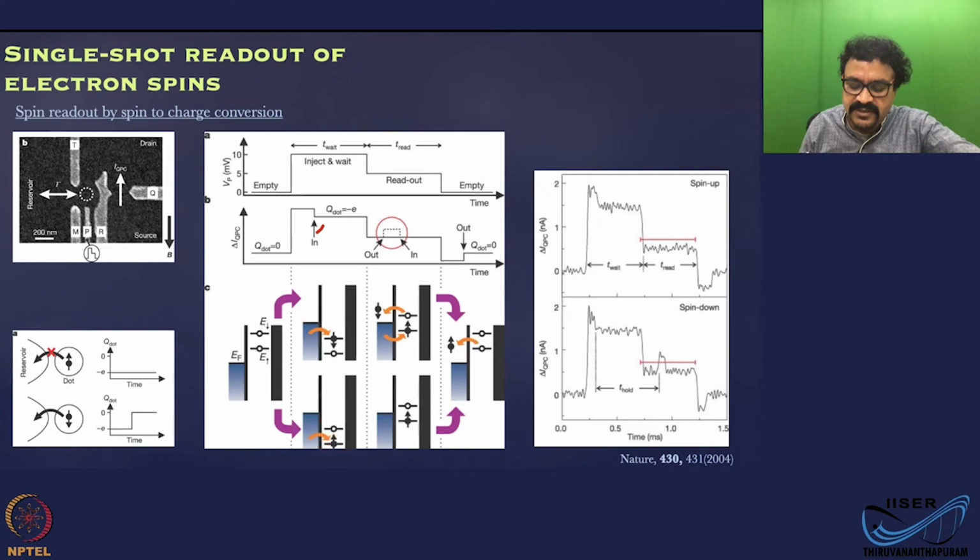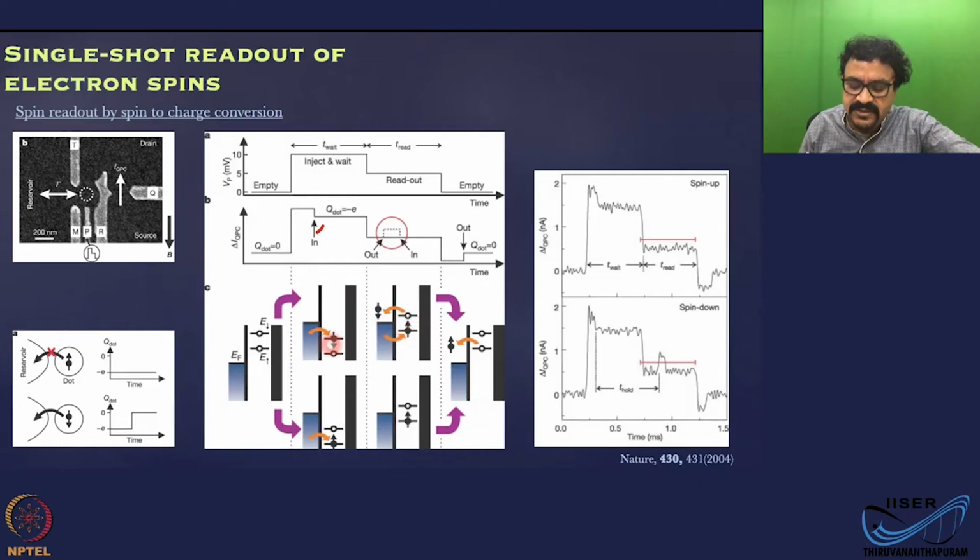Now what you do is you wait some time so that you give enough time to get it filled. Now what is next? The next is you drop the voltage halfway through, so that one of the levels is above the Fermi level, and the other level is below the Fermi level.